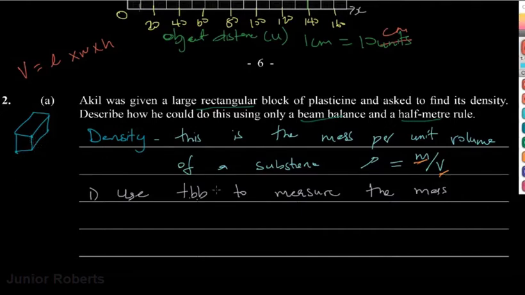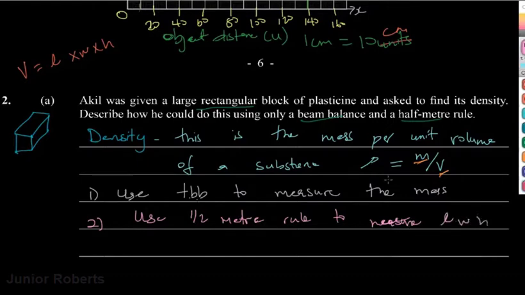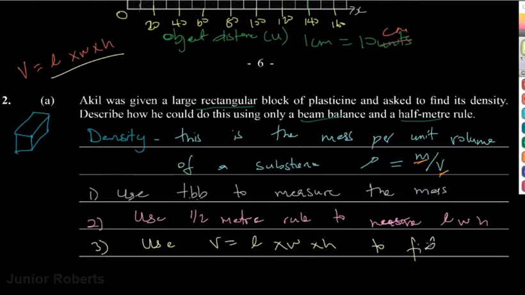So we're going to say, step 2, use half-meter rule to measure length, width, and height of this rectangular block. Then now we're going to say 3, use V equals this formula right here, length by width by height, to find volume.